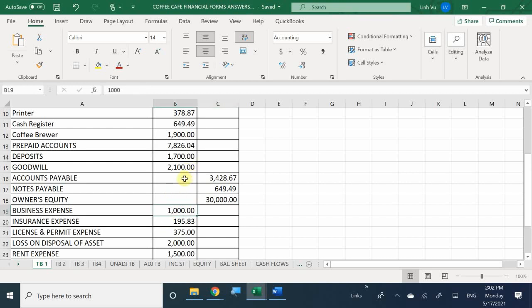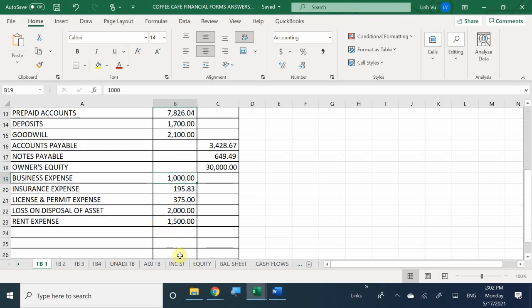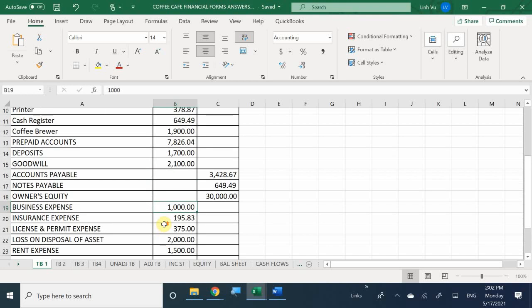So okay, let's go ahead and go over, since you said the first section matched up, what about the bottom section? 1,195.83. 375, 2,000, and 1,500. Okay, so those match.